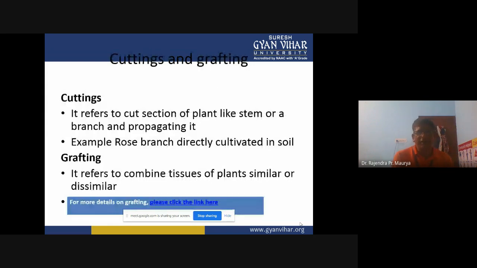So, cuttings and grafting. Cuttings refers to a cut section of a plant, like a stem or a branch, and propagating it.